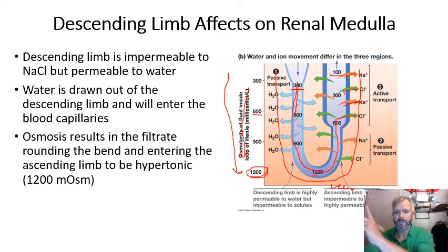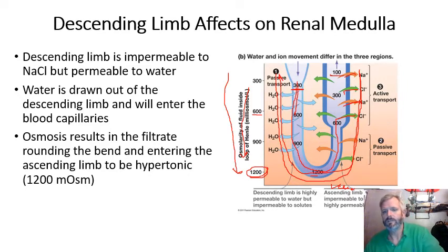One's moving this direction, the vasa recta are moving in basically this direction here, in opposition to the movement of the filtrate, or what's moving the filtrate through the tubule.